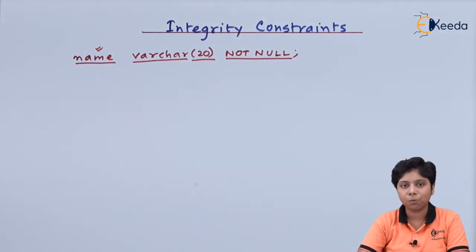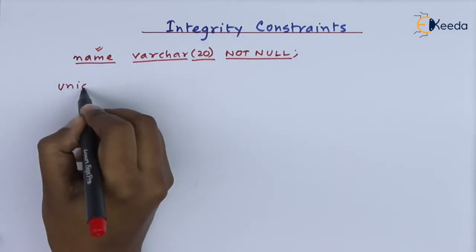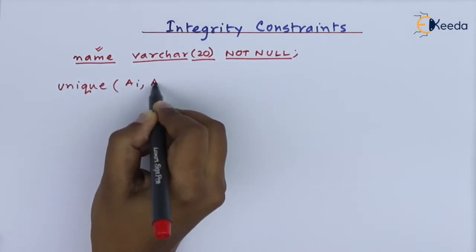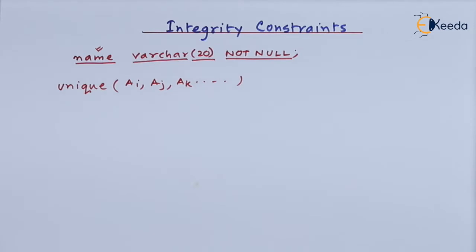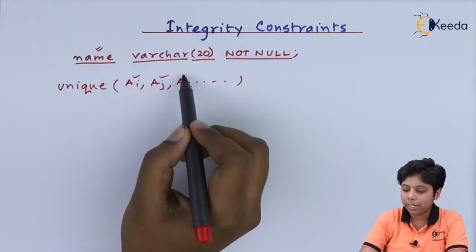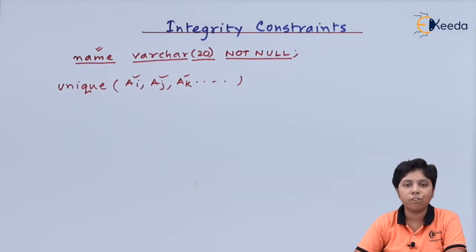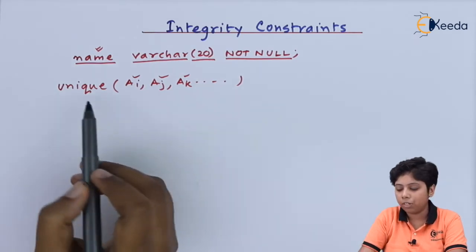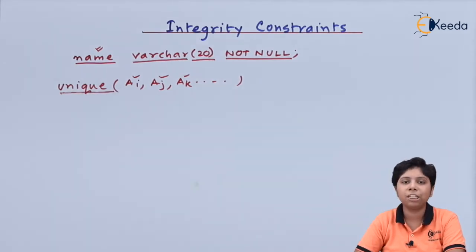So the unique key is put like this. AI, AJ and AK are the attributes of a relation A, and we are making all the attributes unique.